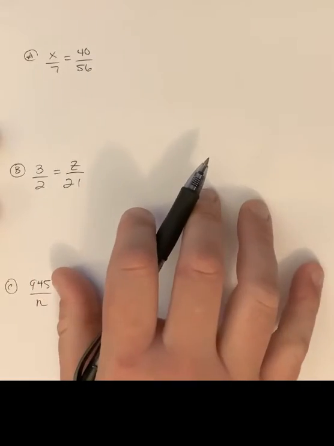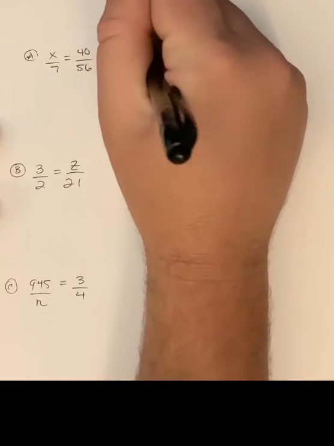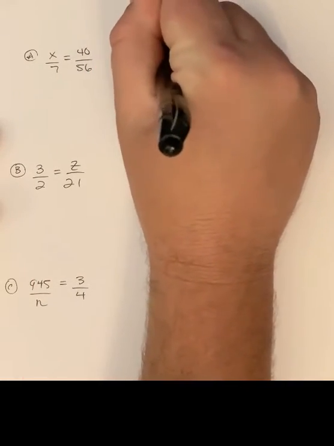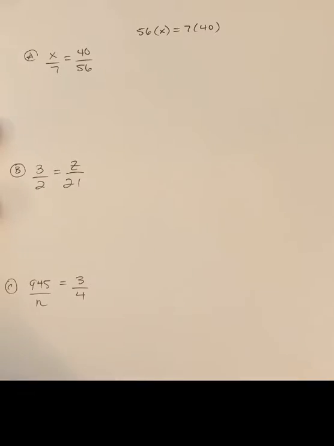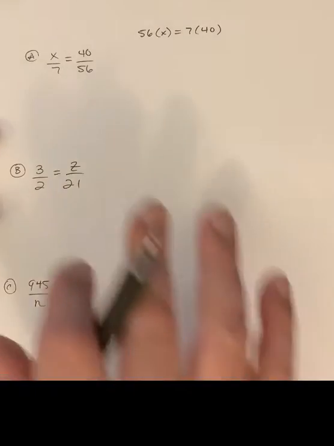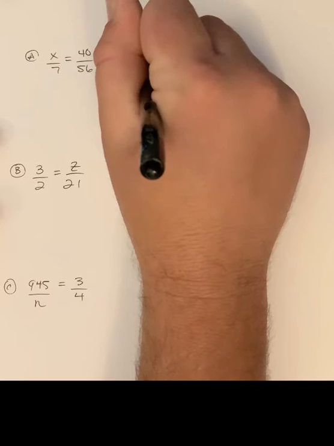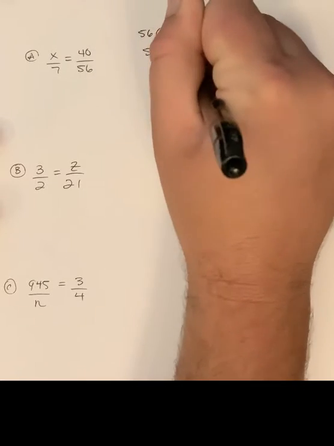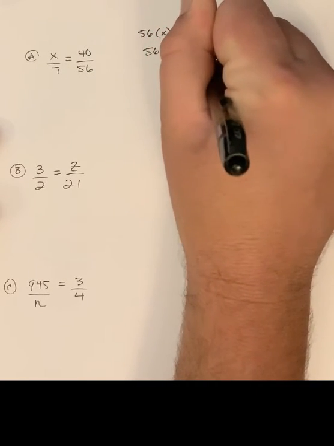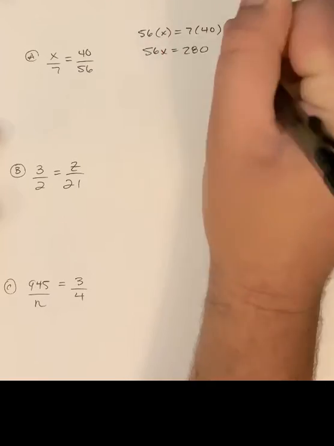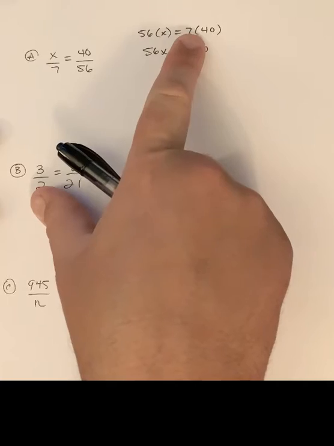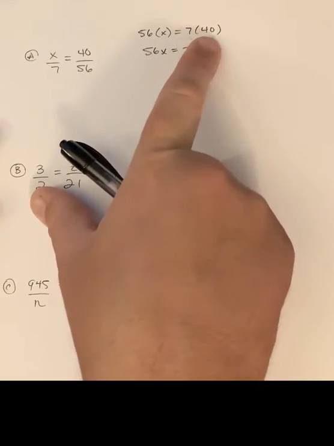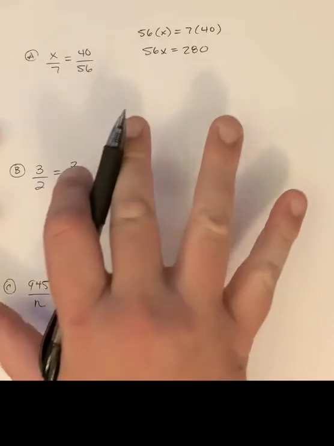So cross multiply and divide was the motto, right? So in other words, 56 multiplied by x should be the same as 7 multiplied by 40. Or 56x is going to equal 280. All right, so anyway, 7 multiplied by 40. Carry the 0. Yeah, that looks good.